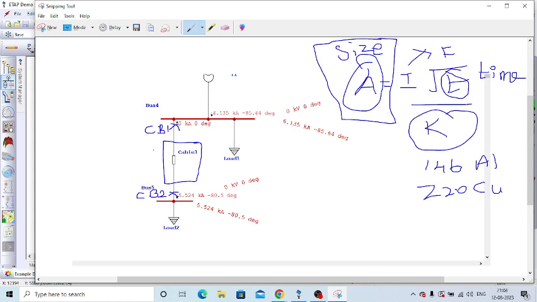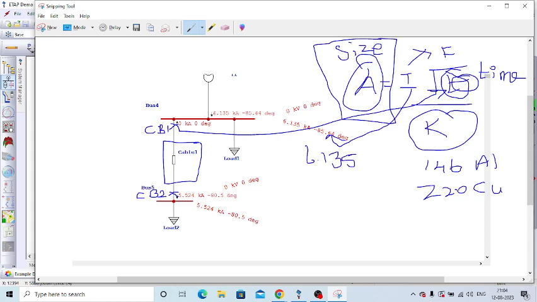This time t belongs to CB1. In what time this CB1 will operate, that time we have to consider. This I is this fault current, 6.135.